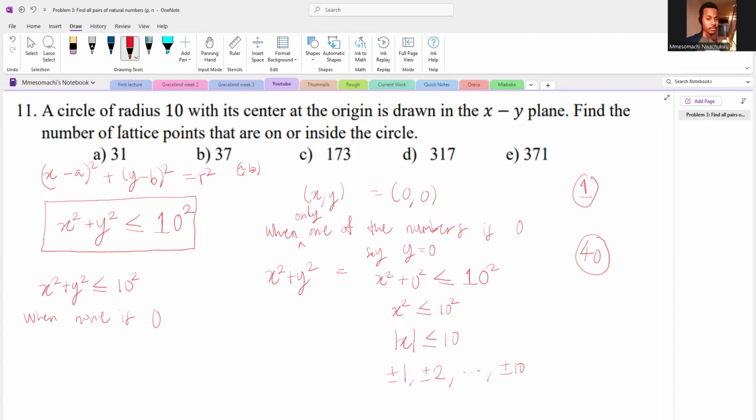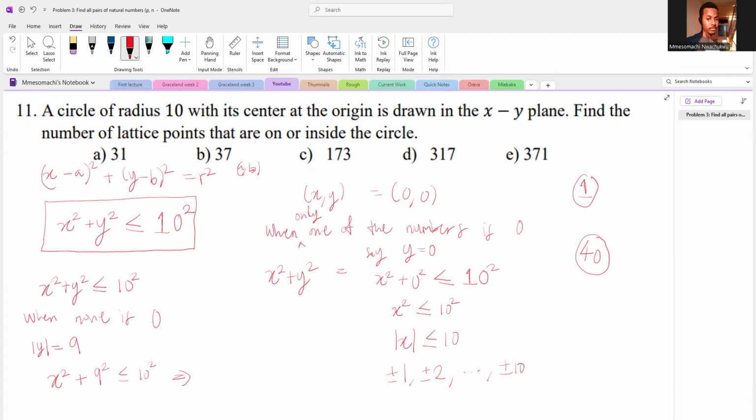So we can split it into cases. Let's say we fix y. When the absolute value of y equals 9, in that case we have x squared plus 9 squared less than or equal to 10 squared.